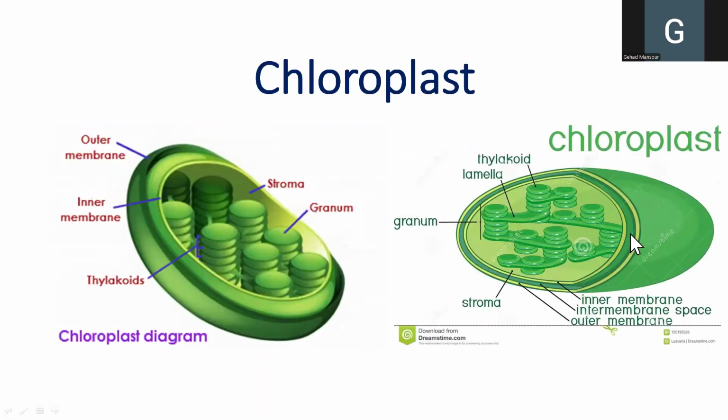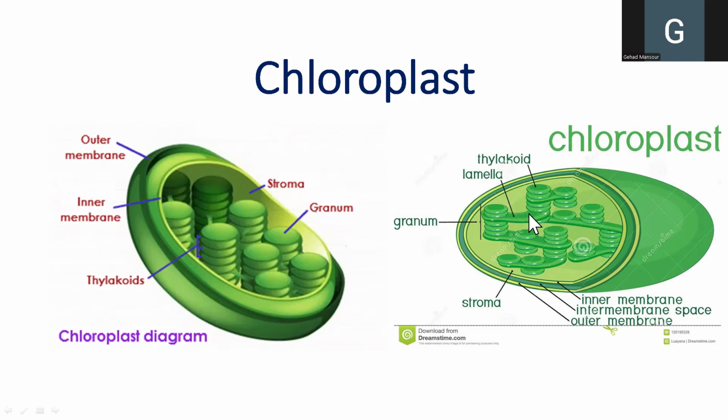So here, as you can see, the inner folds of the chloroplast are thrown into projections or folds that form membranous sacs that are piled one over the other, and each of them is called the thylakoid, and the pile of them is called the granum, and in between them we have an extension of the membrane that joins the grana together, and this we call the lamella.